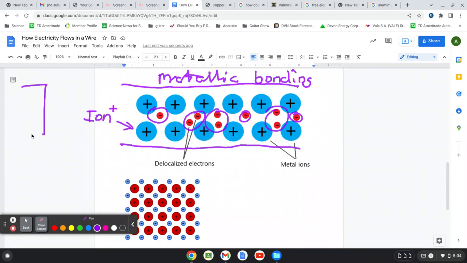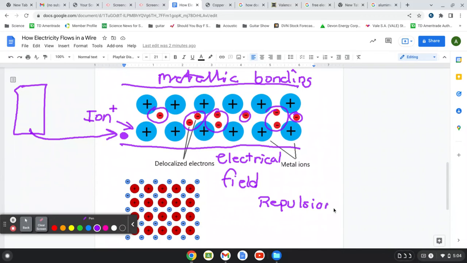So if this is the battery, right, the electrons from the battery are coming into the wire and they're causing this electrical field. And all the other electrons, these free electrons, don't want to be anywhere near this electron, right? So it's causing this repulsion.